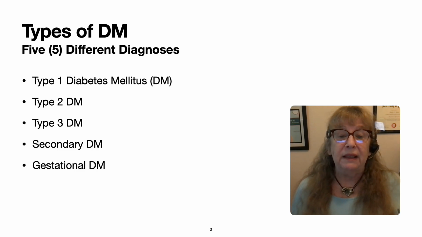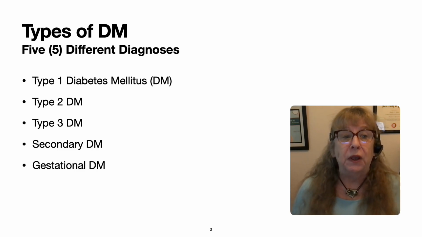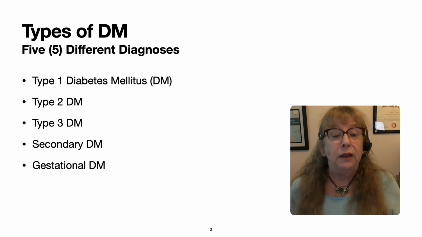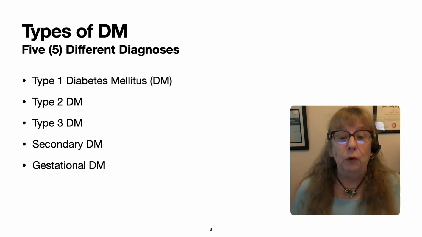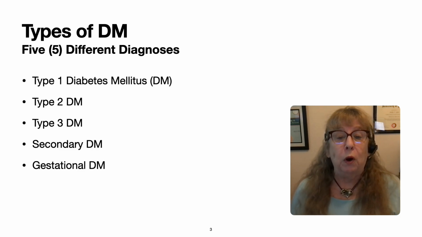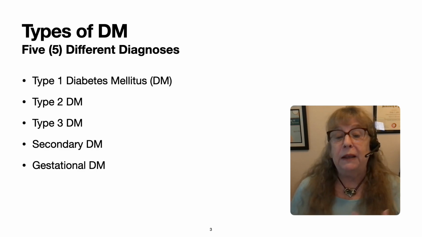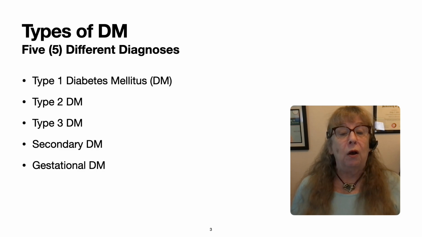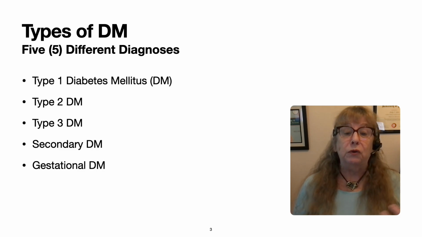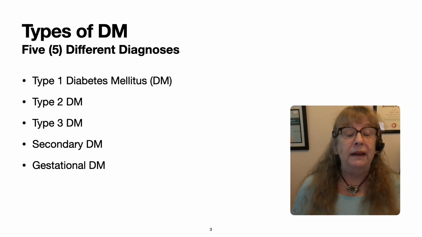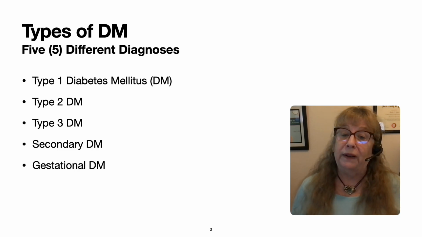Now, interestingly, there are now 5 different types of diabetes mellitus that you may read about in your physician documentation if you are coding for an endocrinologist. Type 1 diabetes used to be called juvenile diabetes. It is a condition that patients are born with. They call it juvenile diabetes because it most often is diagnosable early in the patient's life when they are very young.